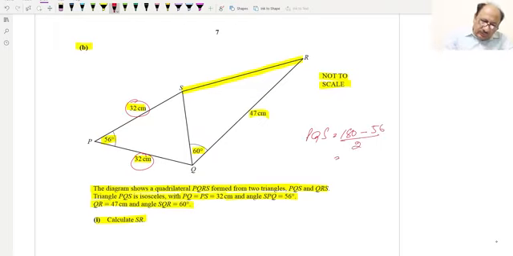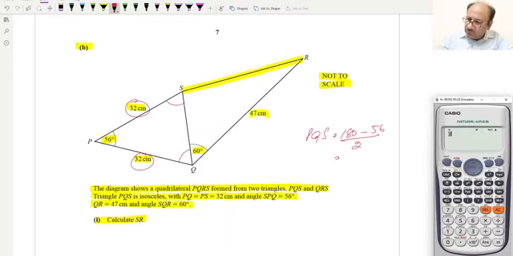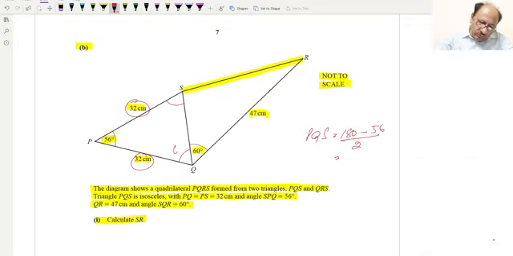So this angle and this angle will be equal. We can simplify this fraction: 180 minus 56, divided by 2, is equal to 62. So this angle is 62, this angle is also 62.